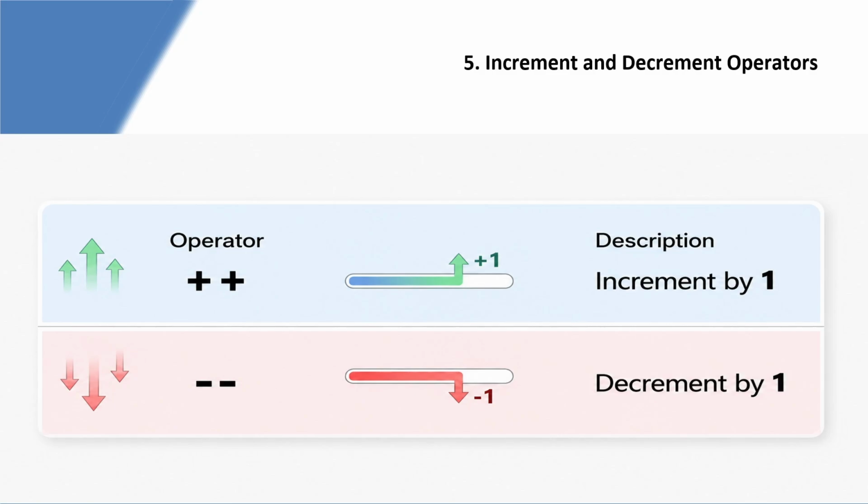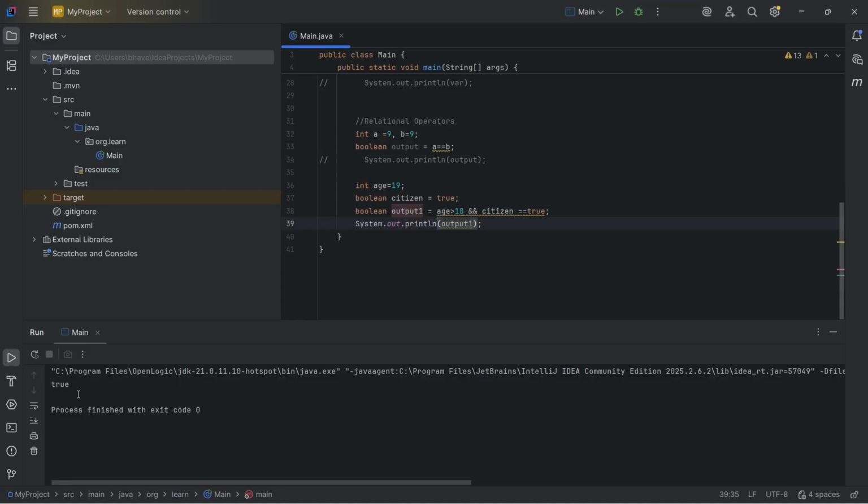So let's say, for example, int count equals to 4, and we are doing count plus plus. Here it will do count equals to count plus 1.